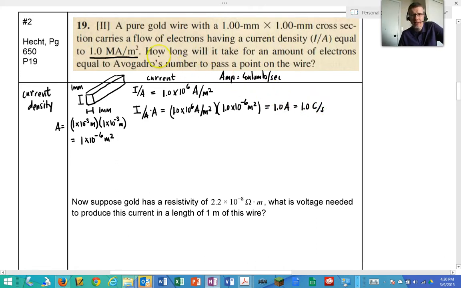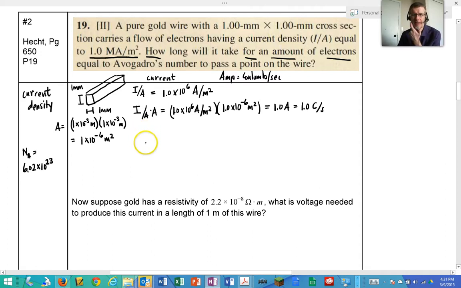So now if we're asking how long will it take for an amount of electrons equal to Avogadro's number to pass a point on the wire, well, we have to know what Avogadro's number is. That's 6.02 times 10 to the 23rd, and that's a pure number. That's just a lot of stuff.